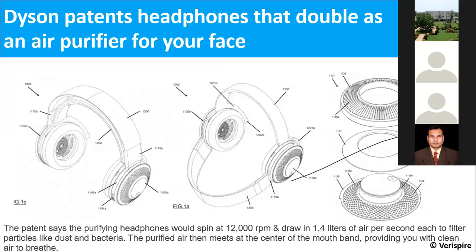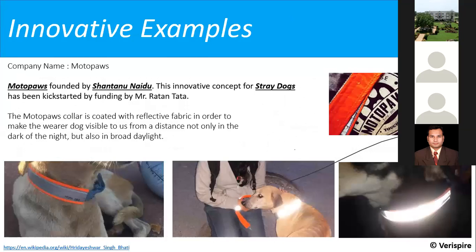Dyson filed patent applications regarding air purifier headphones that will purify the air coming onto your face. Another innovative example: there's a guy, Shantanu Naidu of Mumbai, a 24-year-old, I think.